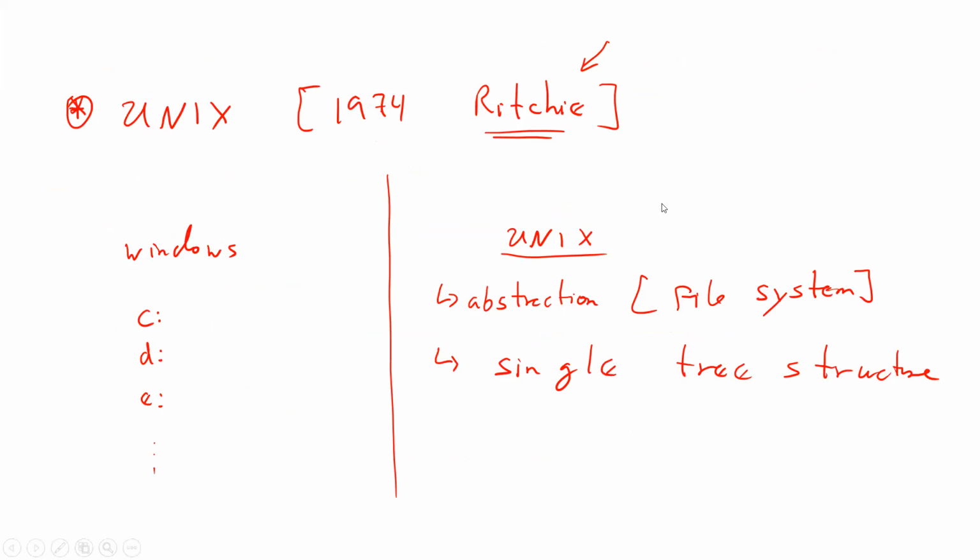As you know, we've talked about Dennis Ritchie, who came up with this core idea of how to organize things in an operating system, right? With Unix in the 70s, 1974. On Windows, we know that we have these things called drives, right? We have the C drive, the D, E drives.